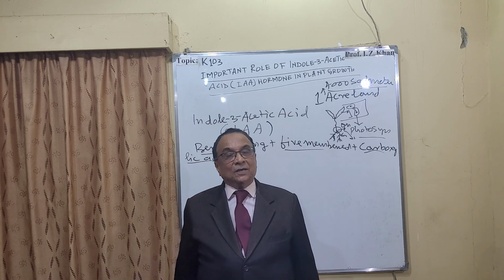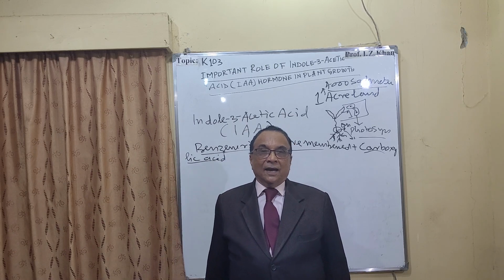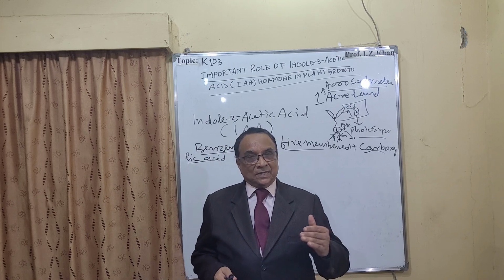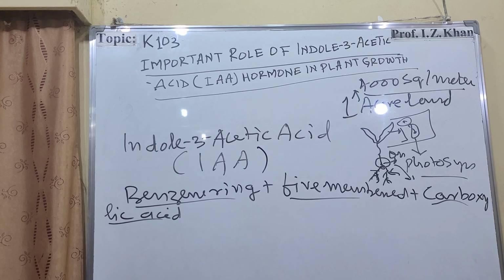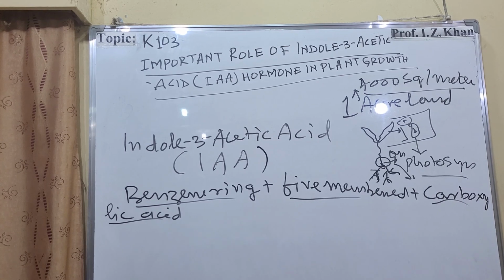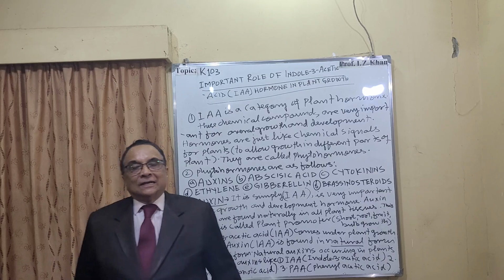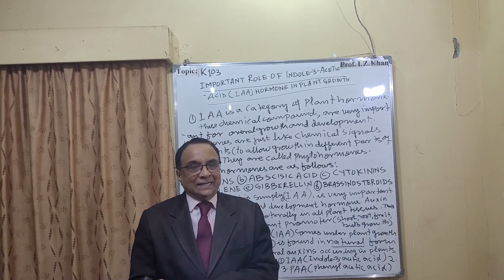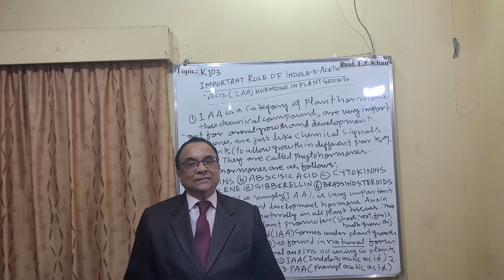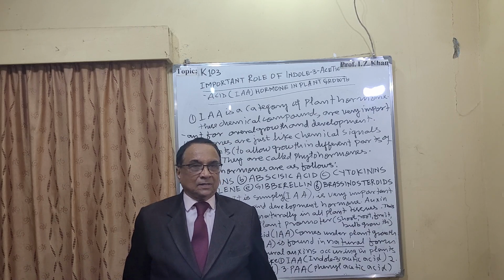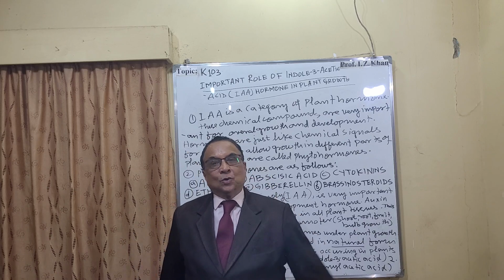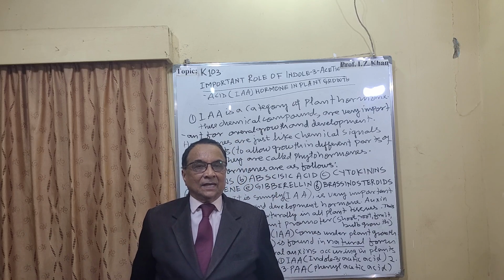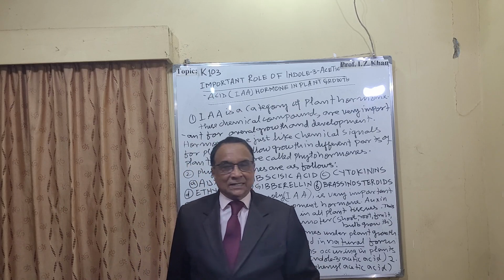The soil should be wet, should be humid, and I'm going to write some of the structures of these hormones. So here I have given all those categories, natural and synthetic ones, and I am discussing the IAA, that is indole 3 acetic acid. They are found in synthetic as well as natural form.